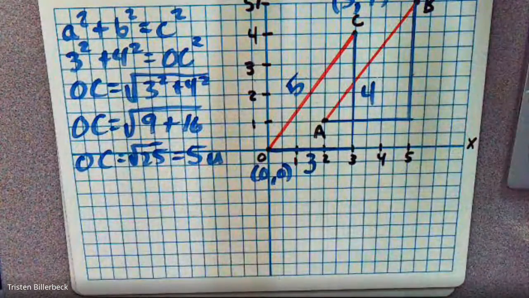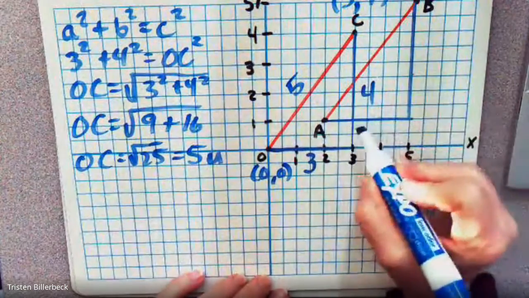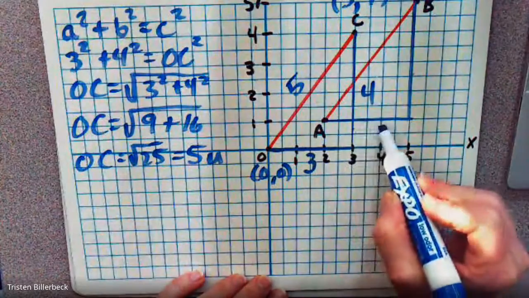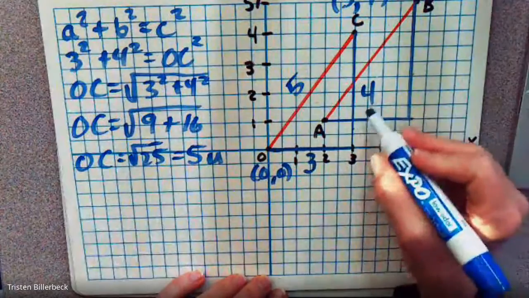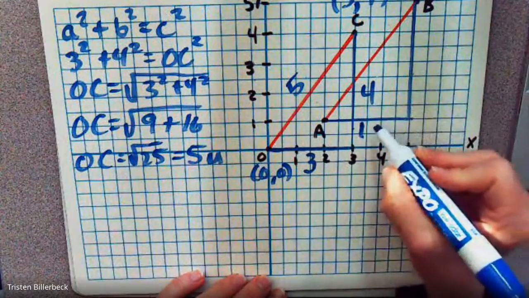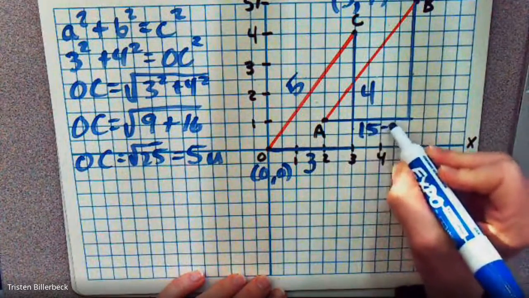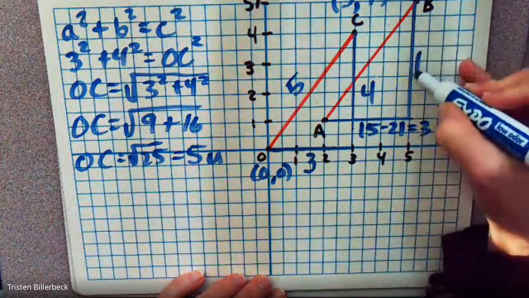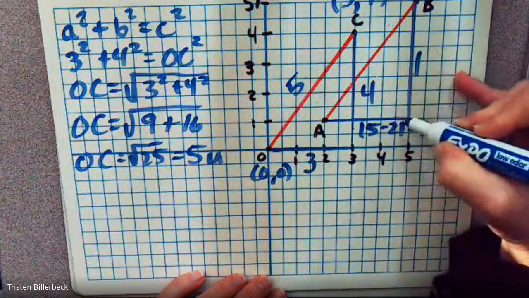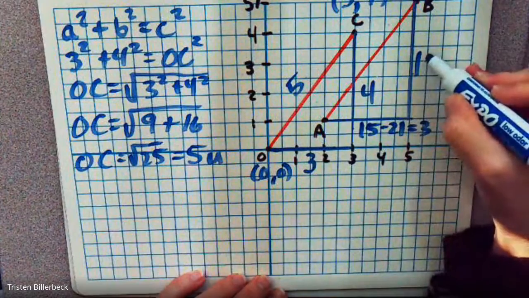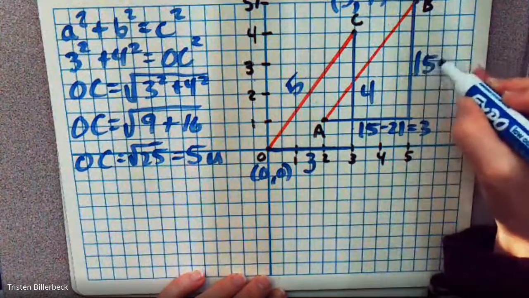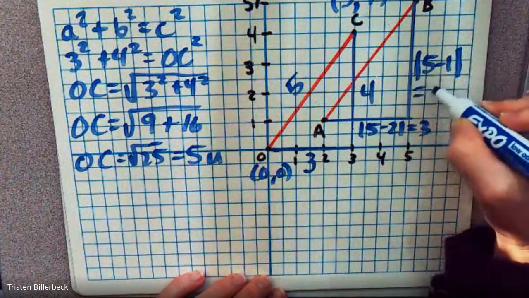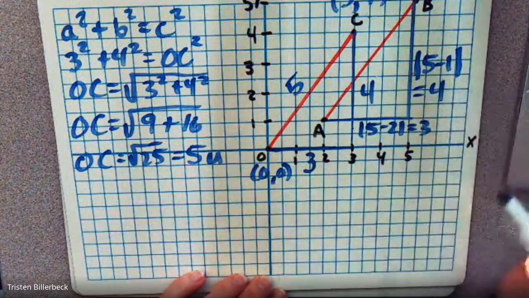Sorry, not triangle, but this side. Okay, so if we take the difference here, we see it's 1, 2, 3, which is the absolute value of 5 minus 2, which is 3. And this one's the absolute value, and we are at 5 minus 1. So the absolute value equals 4.